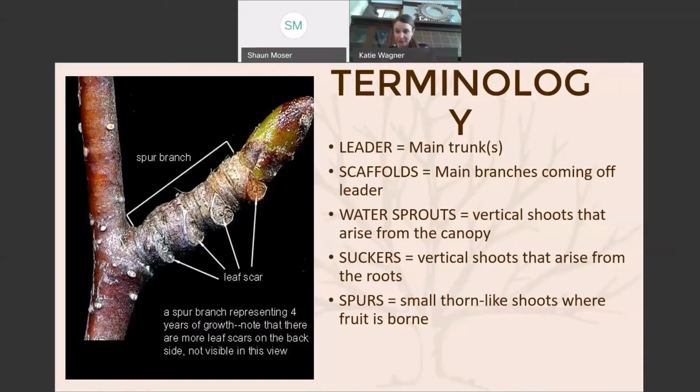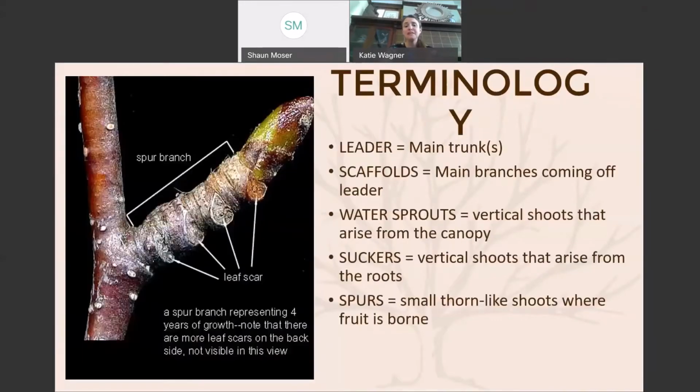About 2 to 4 years old is how old these spurs need to be before they're going to start bearing fruit. So really important on apples and pears, learn to identify fruiting spurs and don't prune them off because they take a really long time to grow back. And they will stay productive for many years if you take care of them. So fruiting spurs as well.